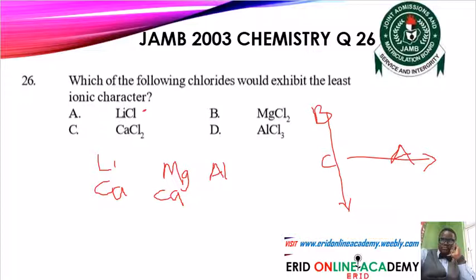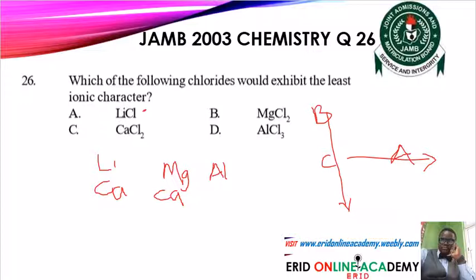Now compare B to C. B is on top of C. So as you move down from B to C, the metallic character increases. So you would expect that if B combines with chlorine and C also combines with chlorine, because C has a stronger metallic character than B, C chloride will have more ionic character than B chloride.